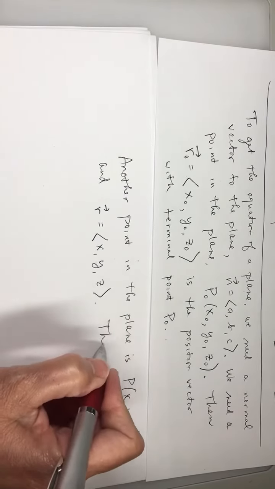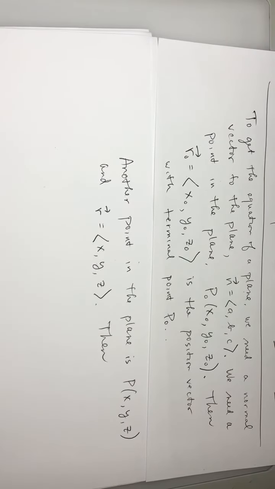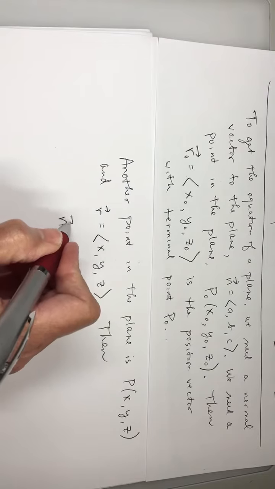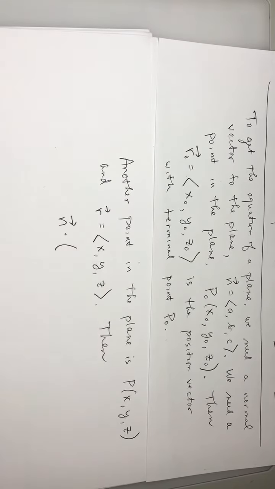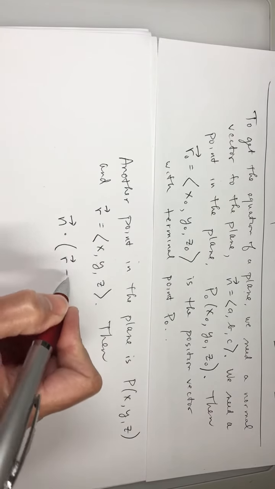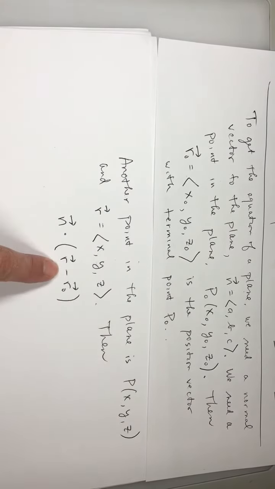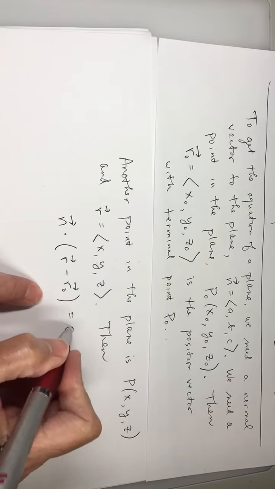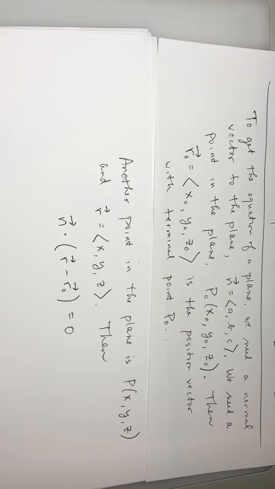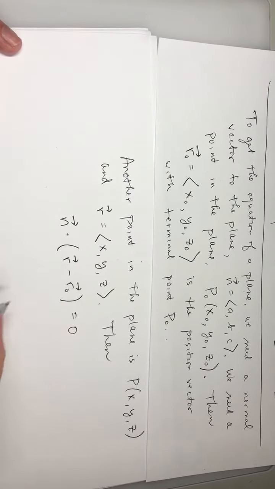Then, if I do the dot product with vector n with vector r minus vector r sub 0, then that vector r minus vector r sub 0 would be a vector in the plane. That dot product is the number 0. And they did a little bit of arithmetic.